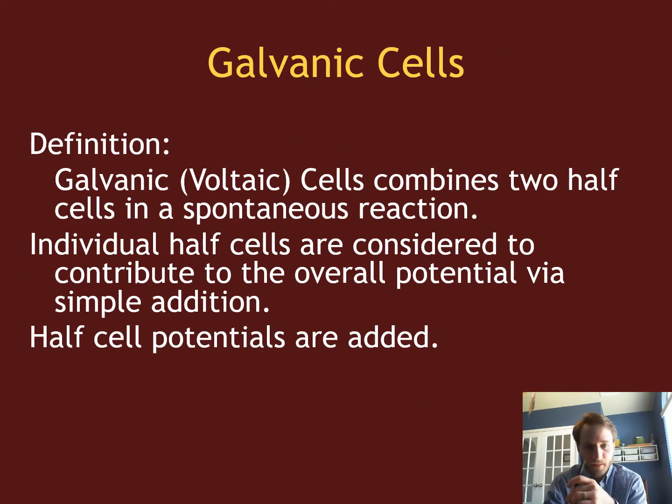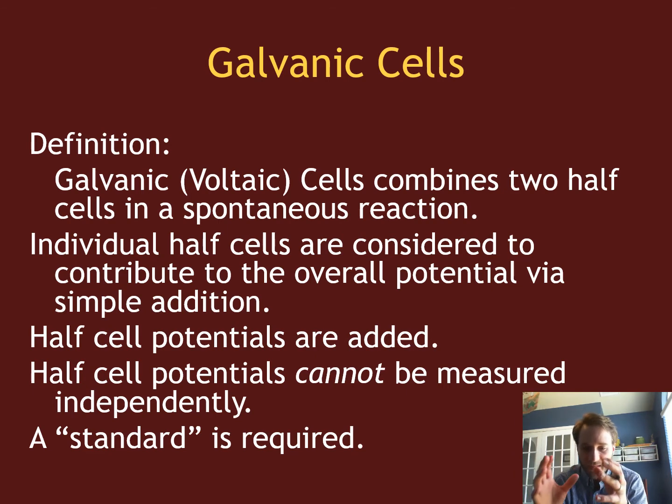Again, we're going to define galvanic cells as a spontaneous cell, which I hinted at in a previous video. If I want to get the total cell potential for a galvanic cell or any cell, I just have to add up the cell potentials of the two half reactions that are involved. And for a galvanic cell to be spontaneous, that cell potential has to be greater than 0.